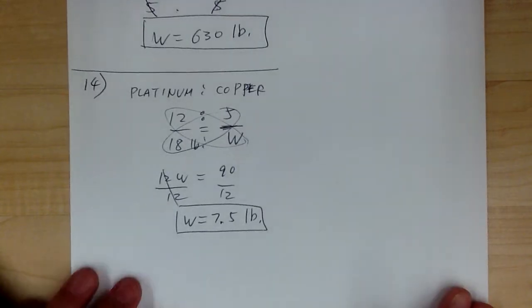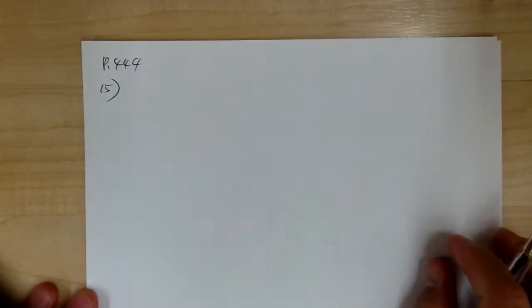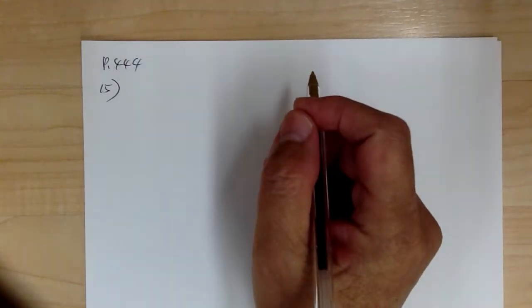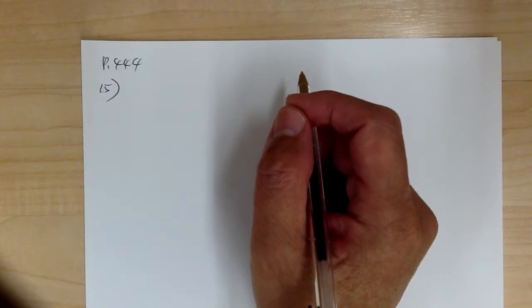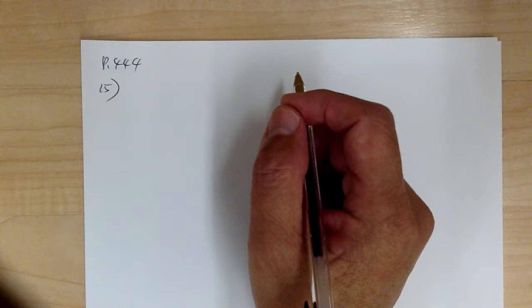Let's go to number 15. It says on the first 6.5 hours of their shift, a fire crew built 26 chains of fire line.